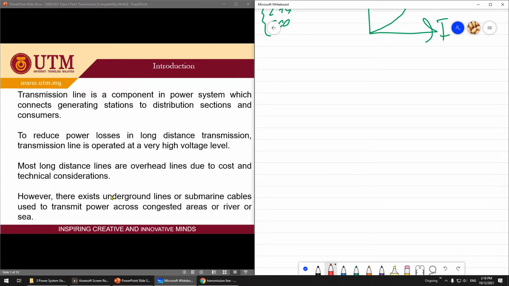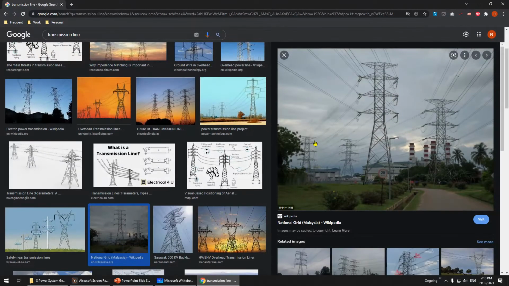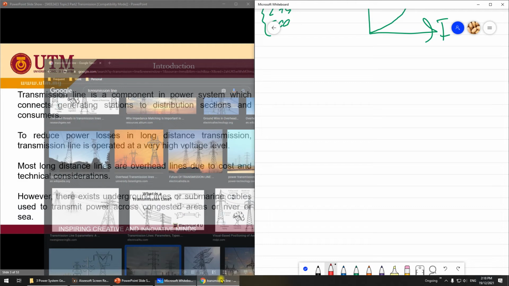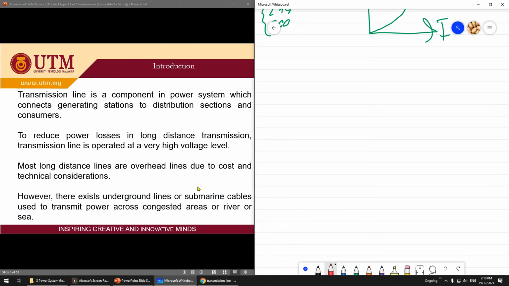However, there exist underground lines or submarine cables used to transmit power across congested areas, rivers and or sea. Mostly we use overhead, but sometimes we can also use underground wire.